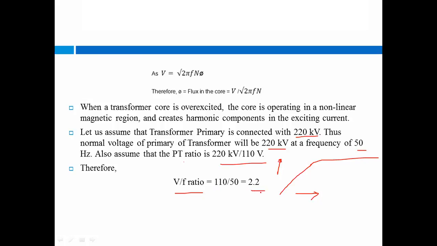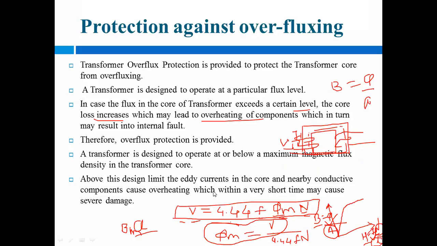Okay, so if it exceeds, there will be a fault, and it will damage the transformer. म्हणजे ही जी व्हॅल्यू दिली इथपर्यंतच तुम्ही V by F रेशो जो आहे, V by F means from this equation only you are taking this here. Okay, V by F.